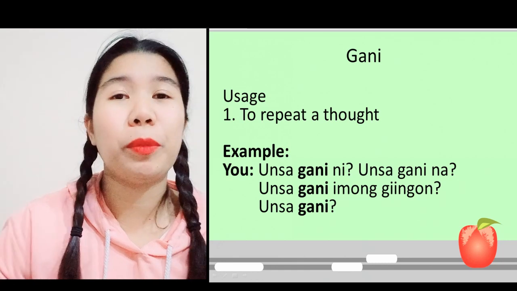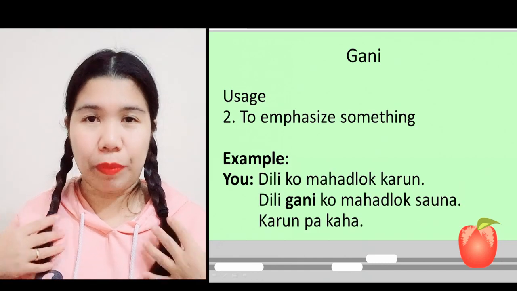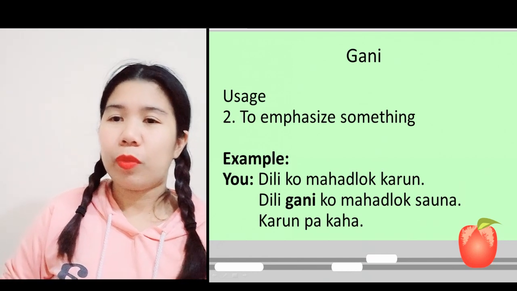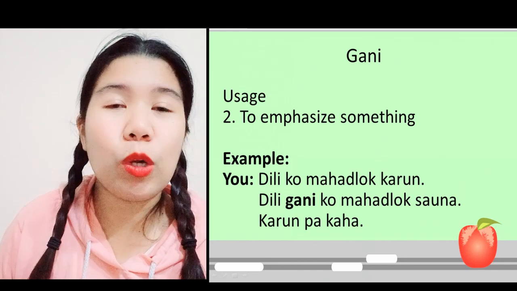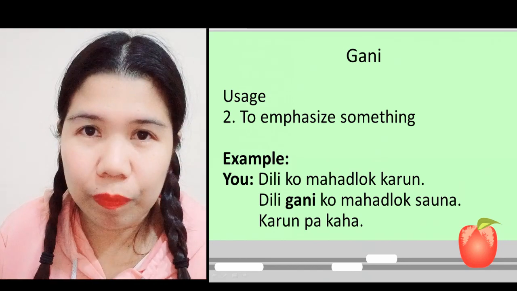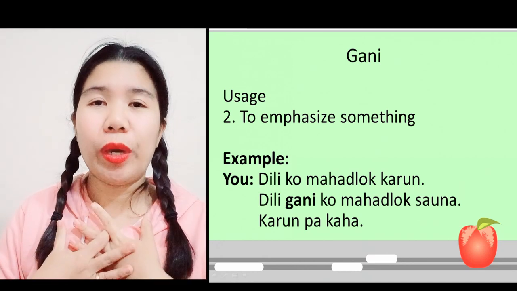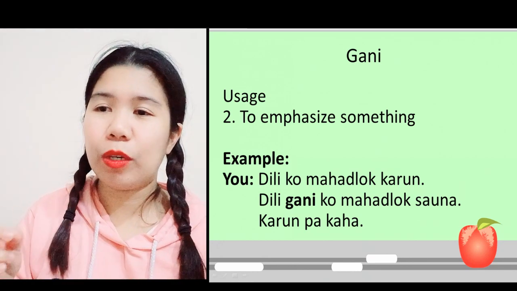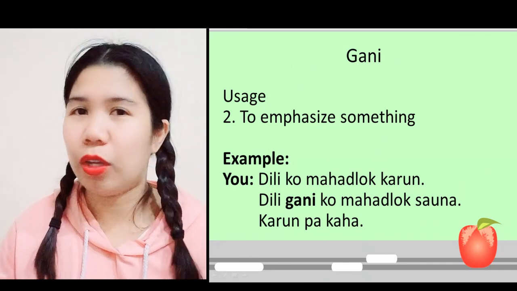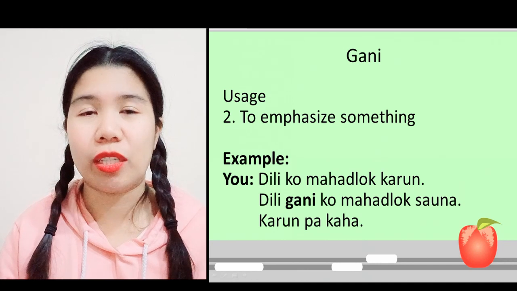Okay, let's go to number 2. You could use gani to emphasize something. Okay, for example, the first statement says, dili ko mahadlok karon. Dili ko mahadlok karon means I will not be afraid now. Okay, the word dili there means not.